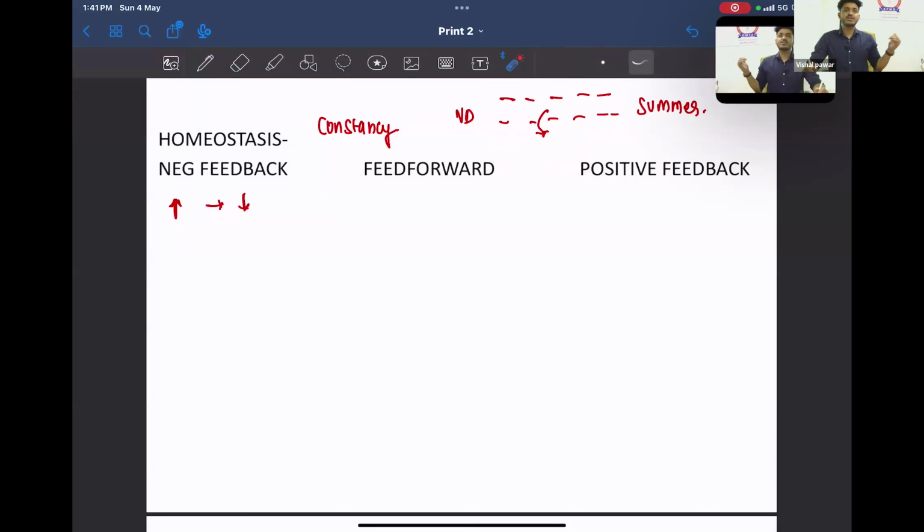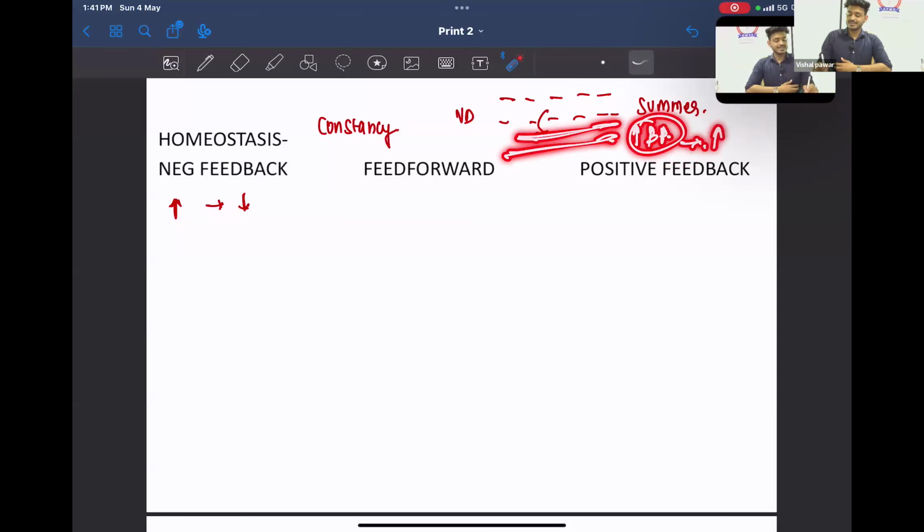That is why, if you live in Russia, Kazakhstan, Kyrgyzstan, what was happening over there? You will have more urination. You drink some water, you go outside in the cold, and you have more urination. What is the reason behind this? Your body is increasing vasoconstriction, and because of that you have an increase in BP, and that BP increment will lead to an increase in filtration from the kidney, and that filtration will lead to an increase in urination.